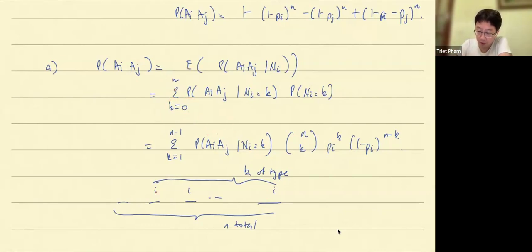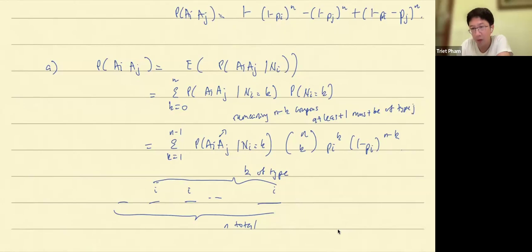But anyway, what it really means is among the n minus k remaining coupons, at least one must be of type J. That's it.